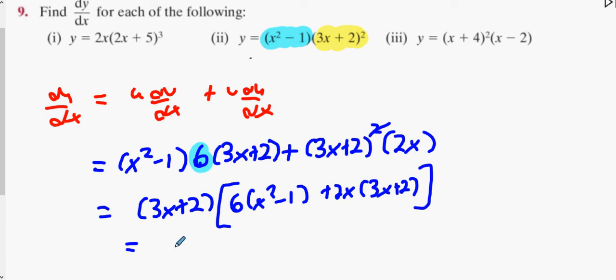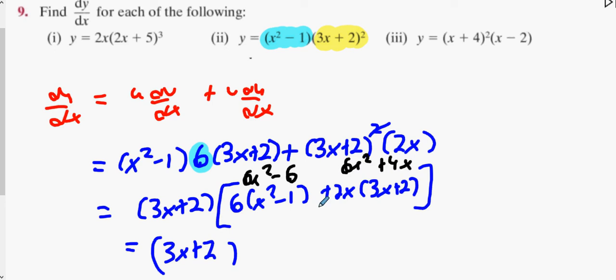So 3x plus 2 bracket, save yourself a bit of time. That's 6x squared minus 6, isn't it? And that's 6x squared plus 4x. And that's 12x squared plus 4x minus 6.